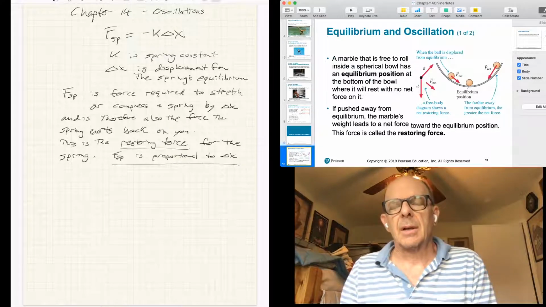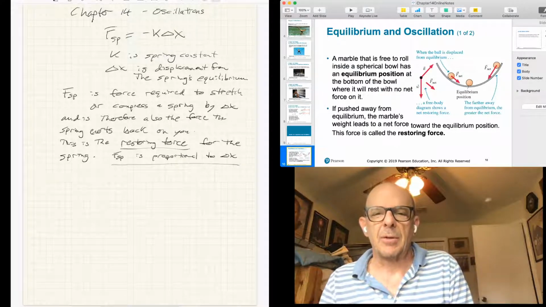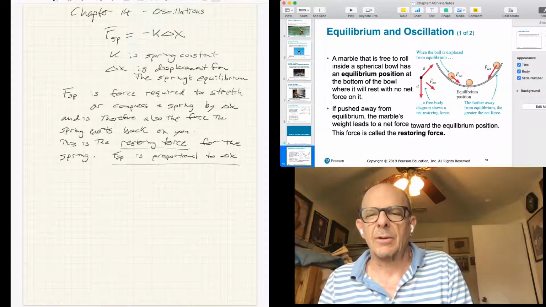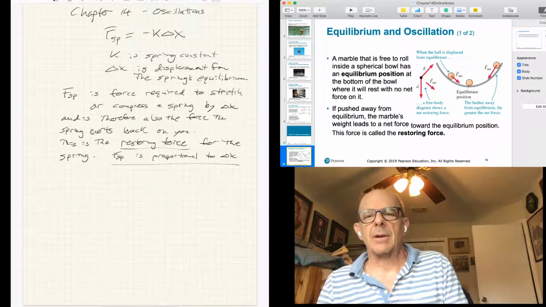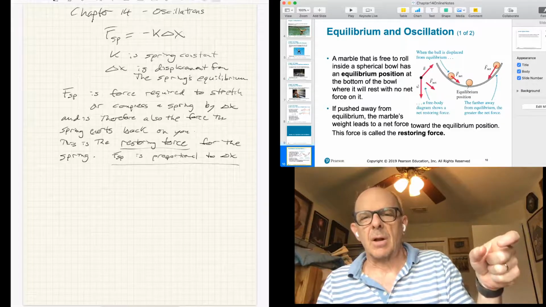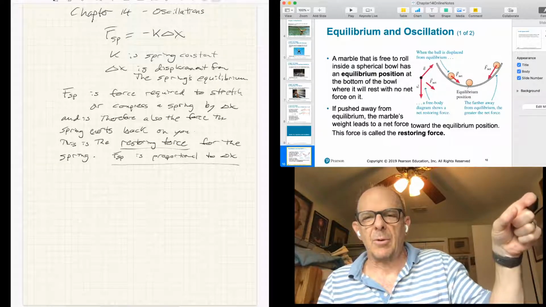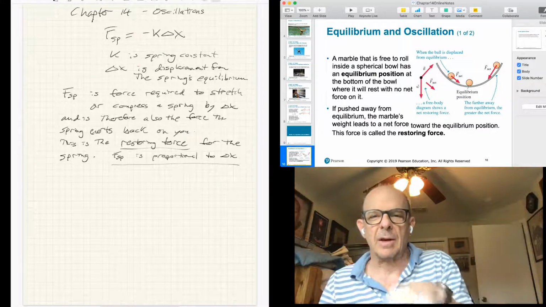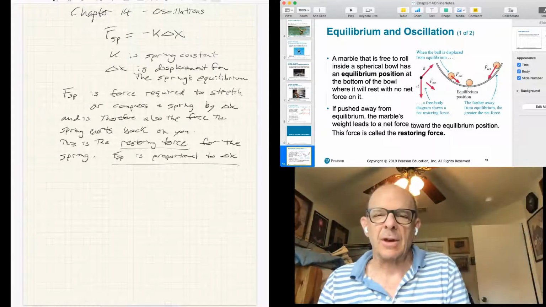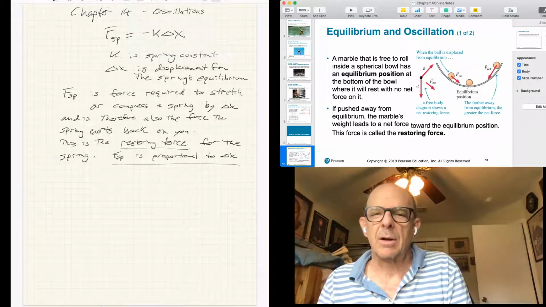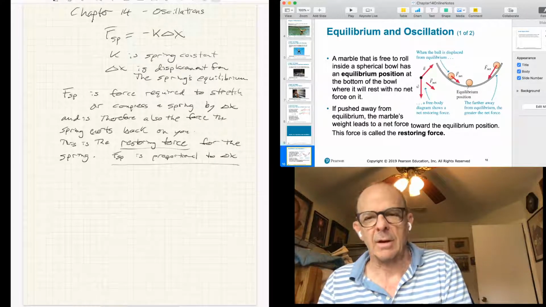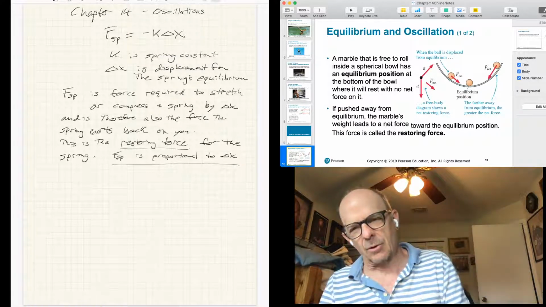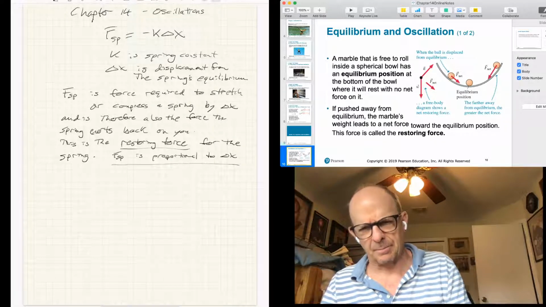So let's take a look at some other examples. Here we see a ball in a bowl, and if you lift the ball up on the inside edge of the bowl and let it go, it's going to oscillate back and forth. And in this case, there's a restoring force as well. The restoring force in this case is the component of the object's weight that is directed back towards the equilibrium position.